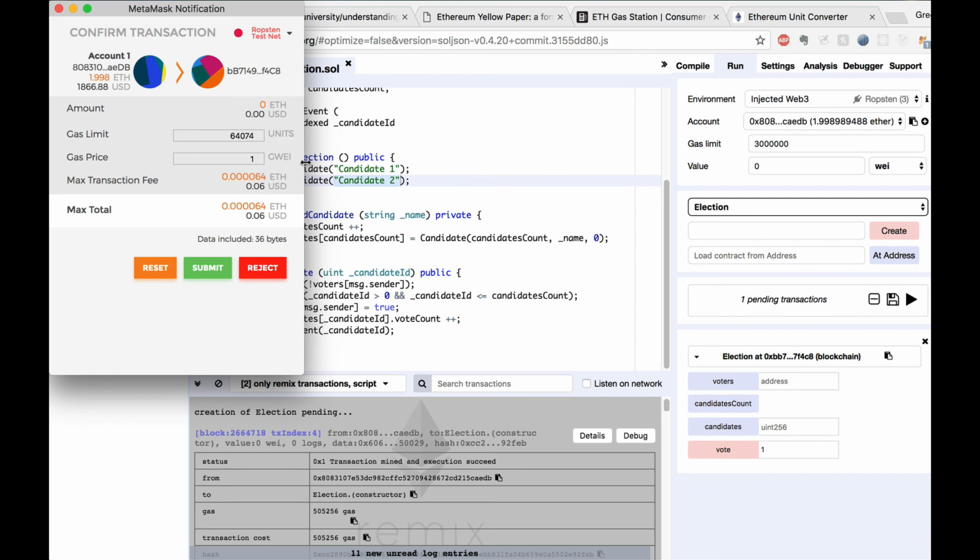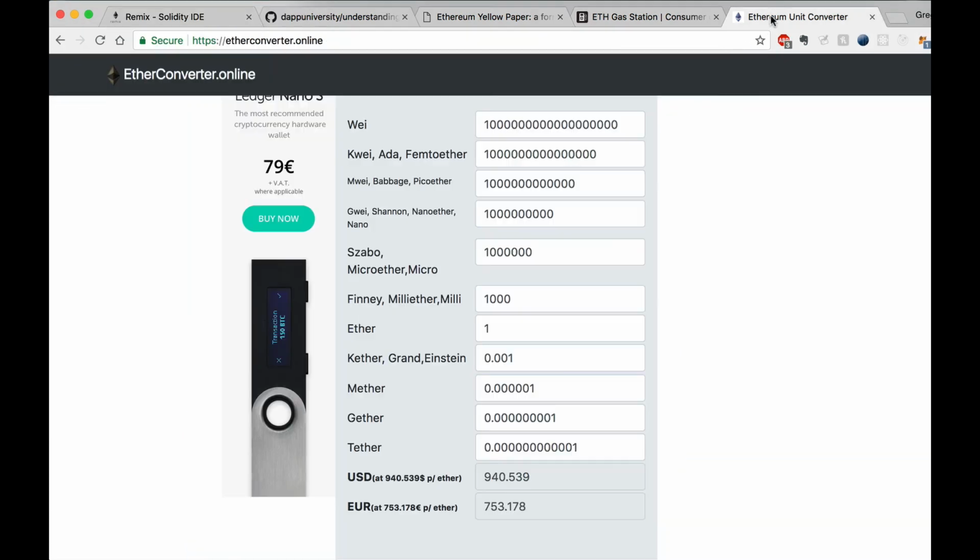Now let's actually talk about the units of Ethereum as well. We see this here. This is a larger denomination of Wei, and Ethereum can be broken down into smaller denominations, and we can see the conversions here on etherconverter.online.